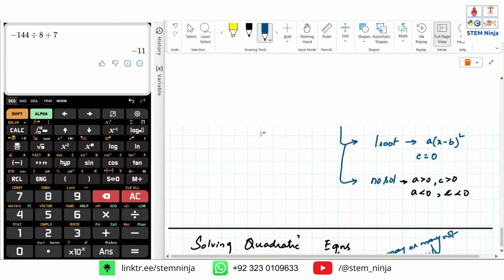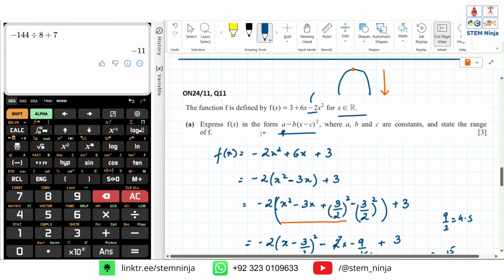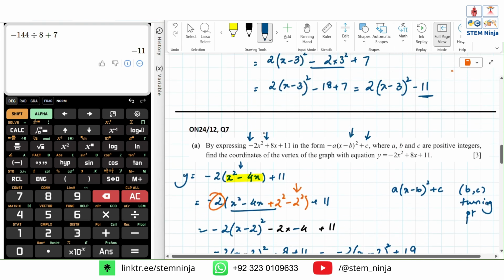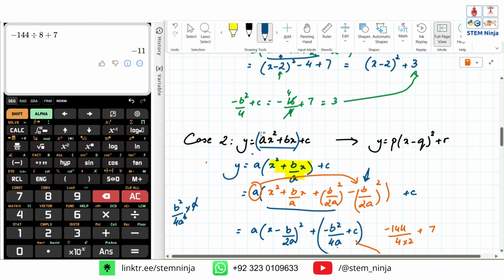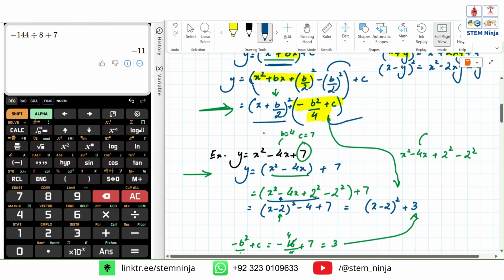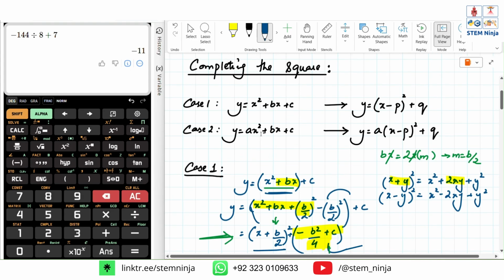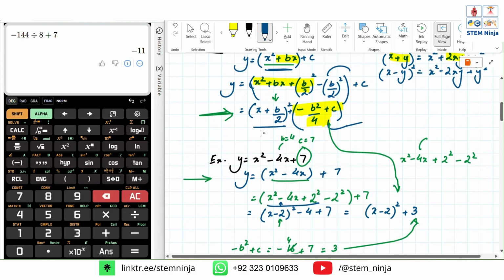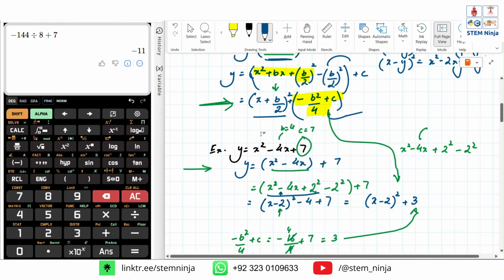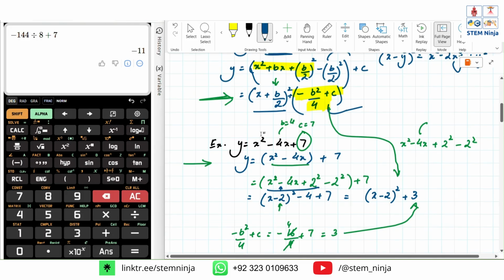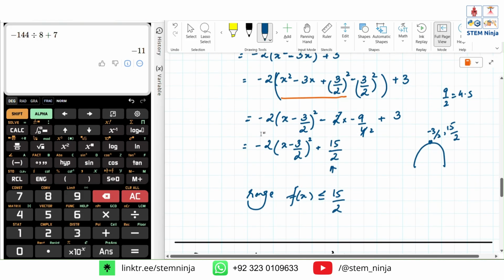Now, let's see the same questions that we were talking about and try to solve these with the quadratic formula and completing the square. So we had this thing, x squared minus 4x plus 7.